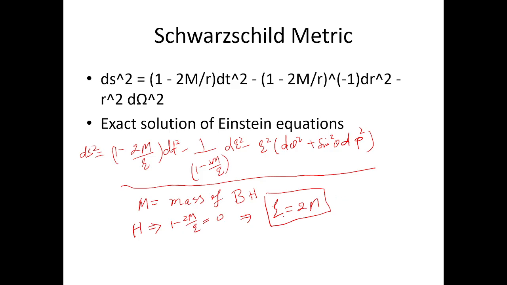So you can say this is the Schwarzschild radius. Schwarzschild radius is equal to 2m. So r less than rs, which is 2m, defines the black hole region, and from that region light cannot escape.